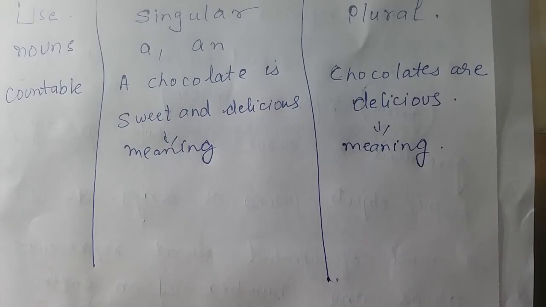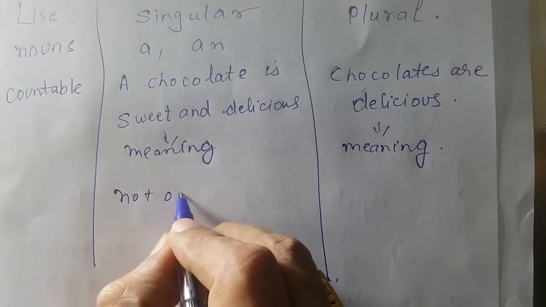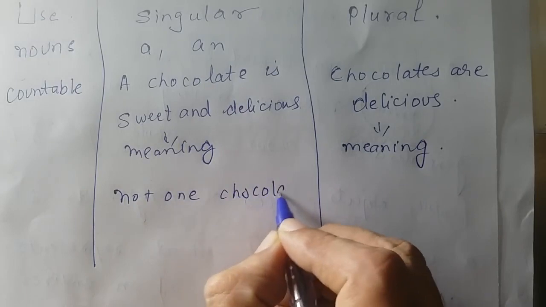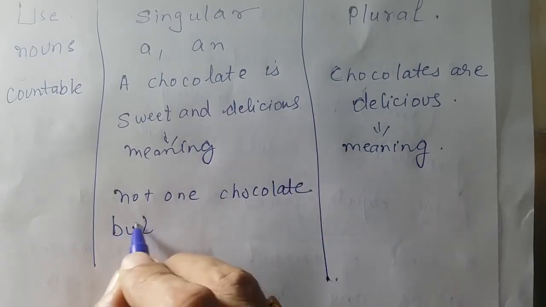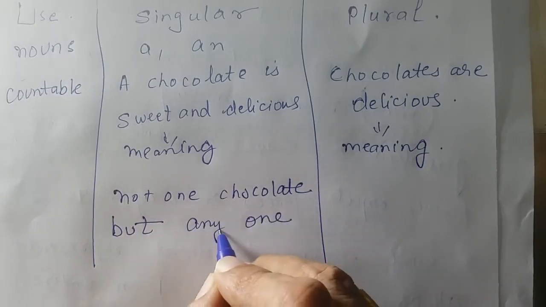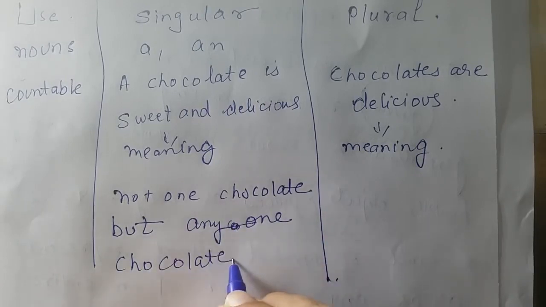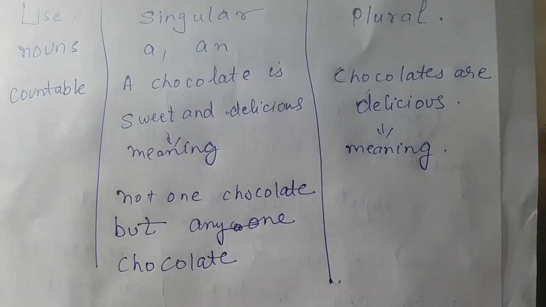They are not, why, what's the reason for the difference between them? So here the meaning is not one chocolate but any one chocolate.